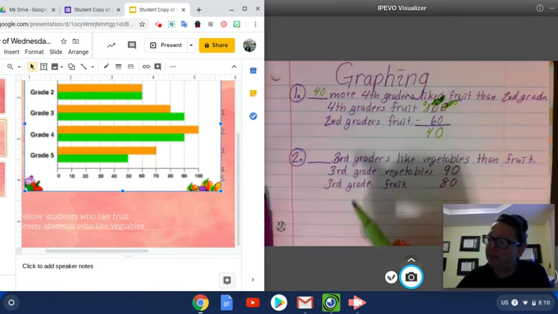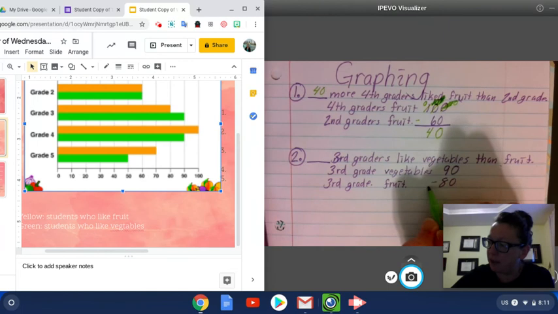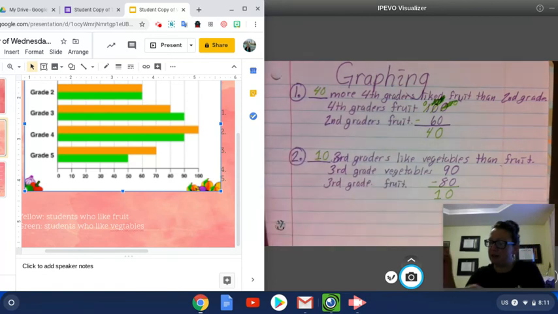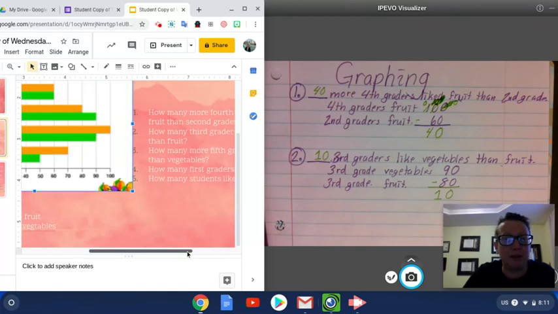What do I need to do to find out how many more like vegetables and fruit? Subtract. So 10 more third graders like vegetables than fruit. You're doing a great job. Keep it going.